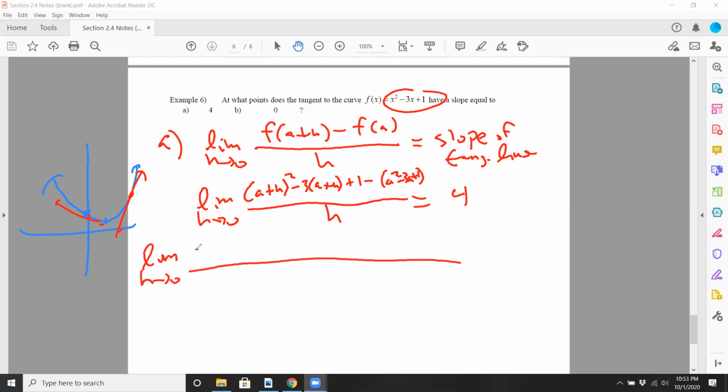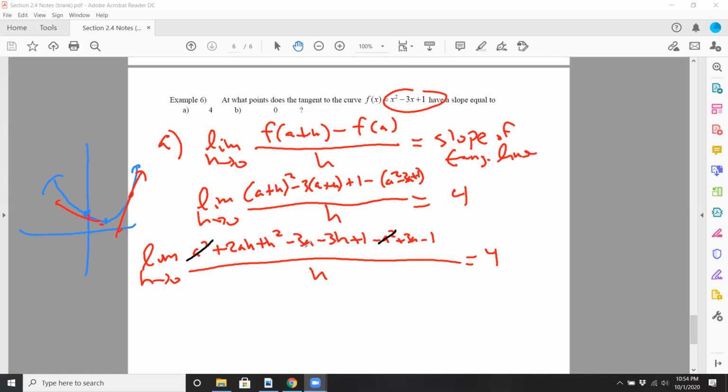Now let's work that out. a squared plus 2ah plus h squared minus 3a minus 3h plus 1 minus a squared plus 3a minus 1, over h equals 4. Now there should be a lot of cancellation if you do this correctly.